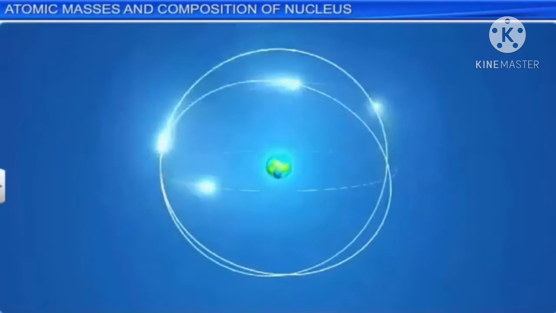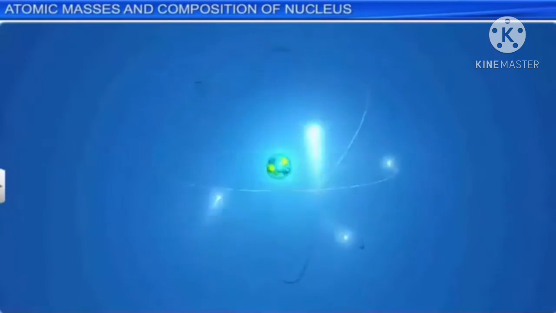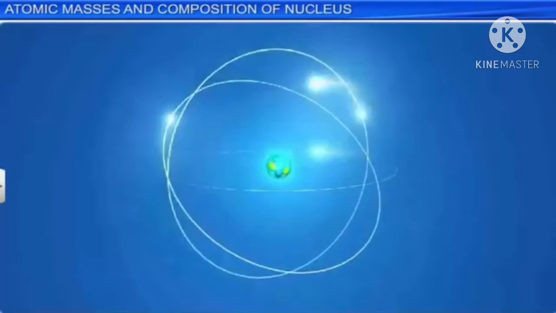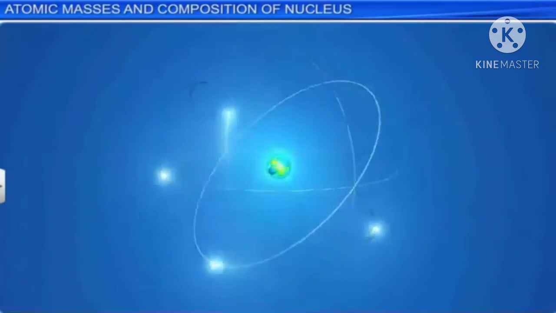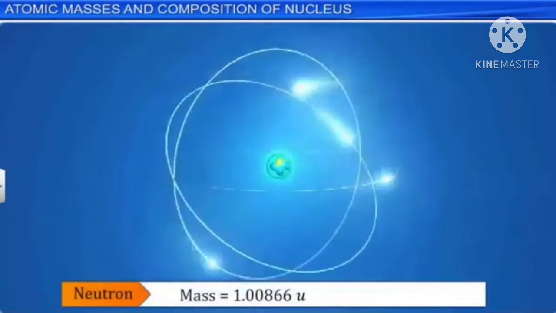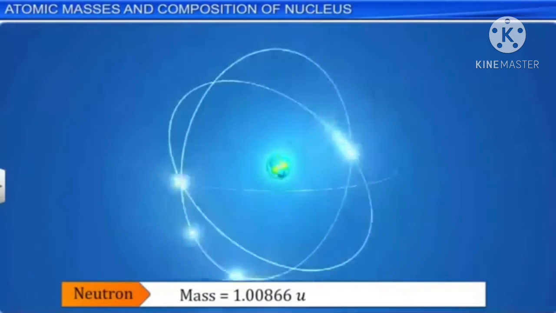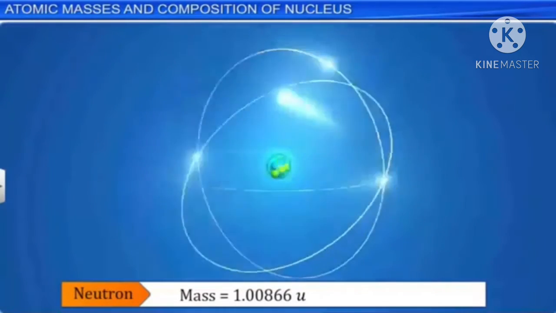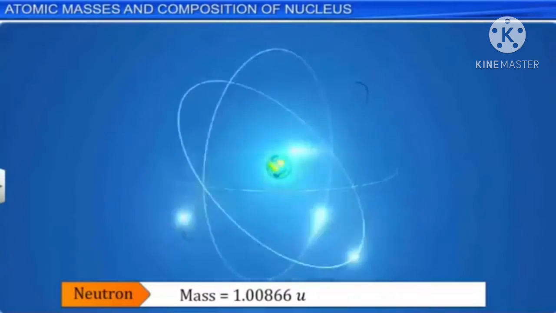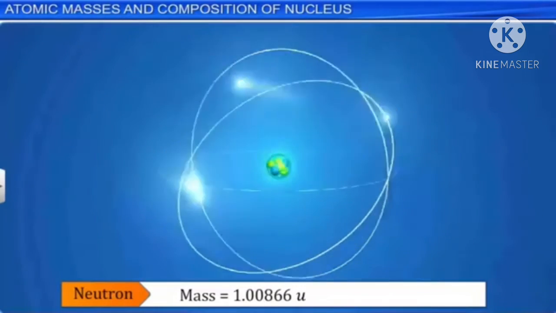Thus, a neutron is a neutral particle having a mass nearly equal to that of a proton, which is equal to 1.00866 AMU or 1.6749 × 10^-27 kilogram.